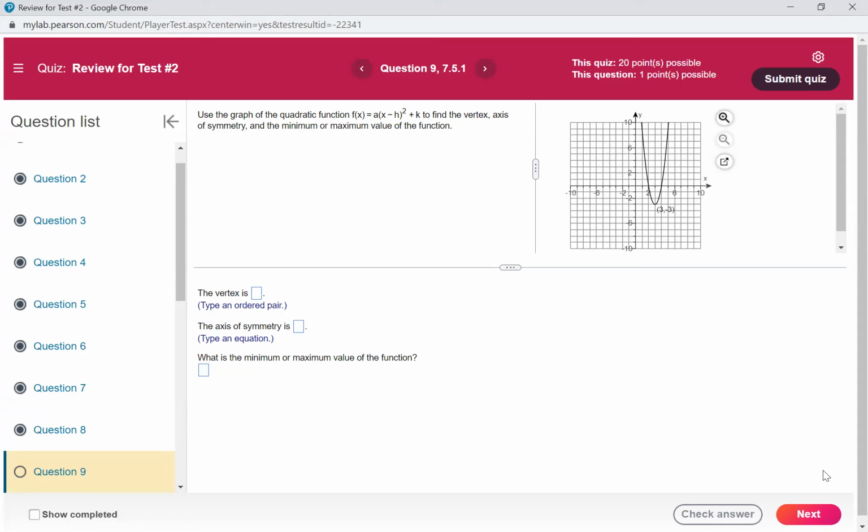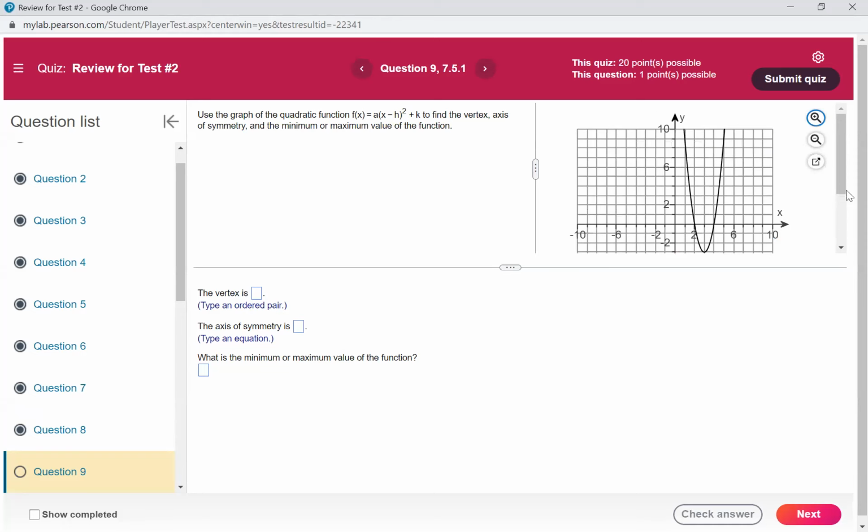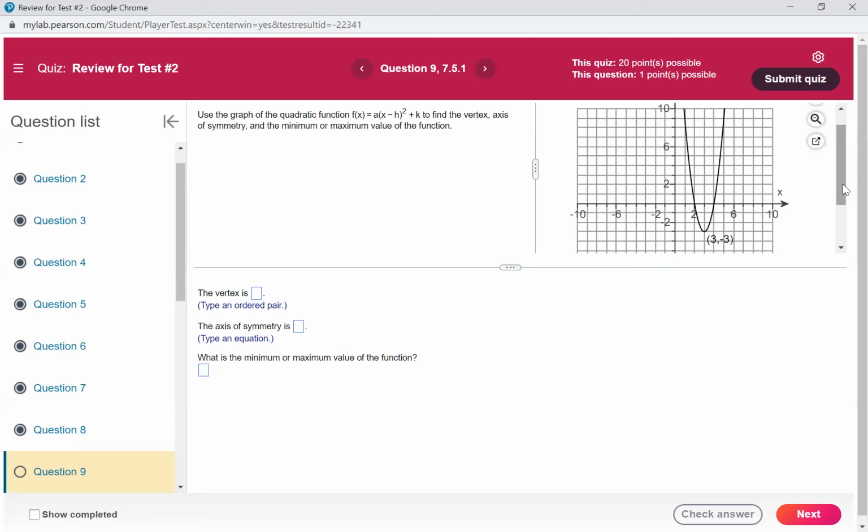All right, y'all, let me make this bigger because all we got to do is look at this picture for this problem. Now notice, let me pull that down just a little bit to get that point there. So we're asking for the vertex. Well, y'all, the vertex is sitting in those parentheses right there. They're giving me the point at the bottom of that parabola.